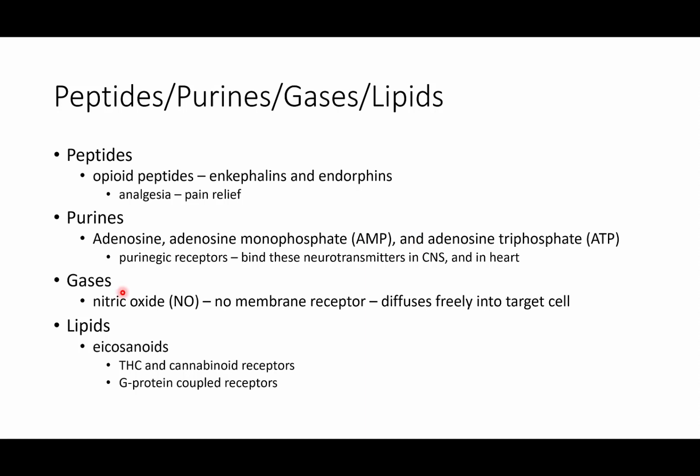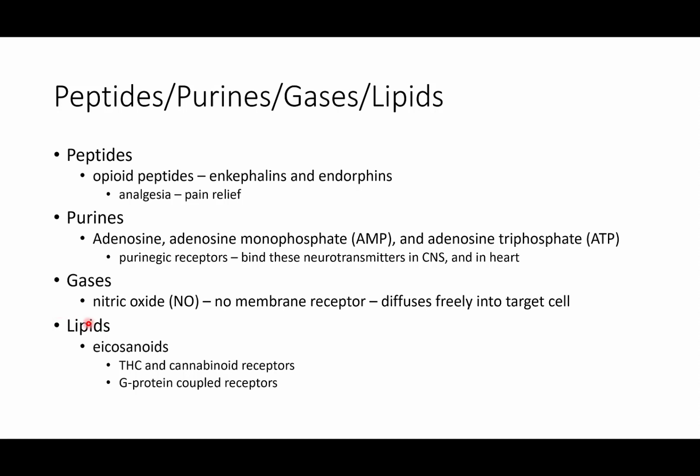An example of a neurotransmitter that's a gas is nitric oxide. Nitric oxide doesn't have a membrane receptor. It doesn't bind anything, but being a gas, it can diffuse freely into the target cell, and it can then disrupt cellular processes and act as a neurotransmitter. And lastly, we have our lipids.